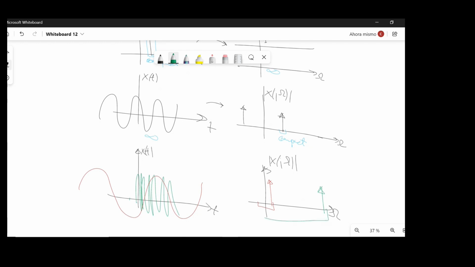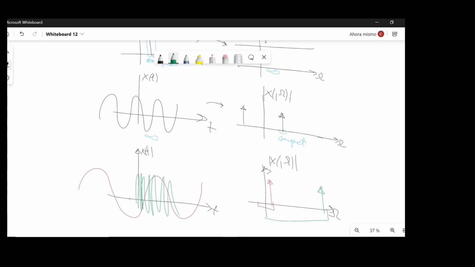So if something is very quick in time, it goes to very high frequency. So the support here is much larger. And if something is very compactly supported in Fourier space, then it is much smoother in frequency.